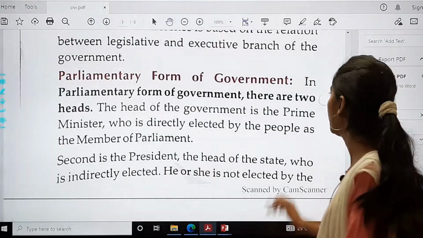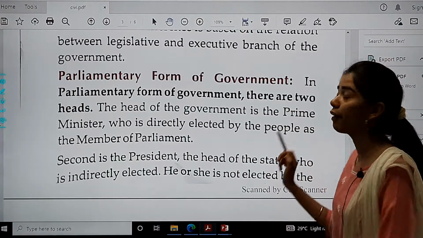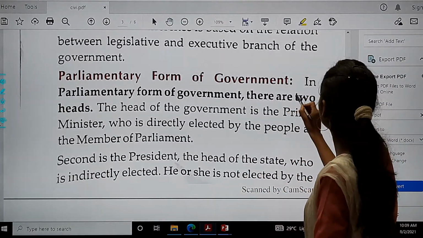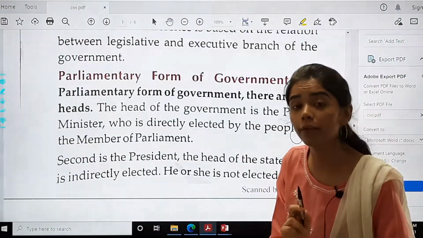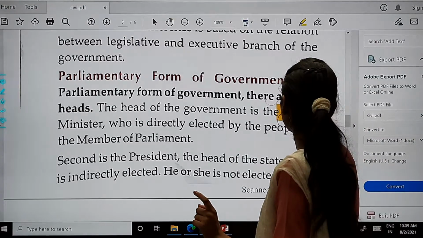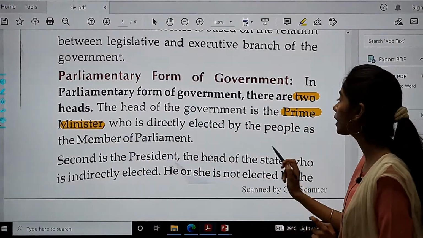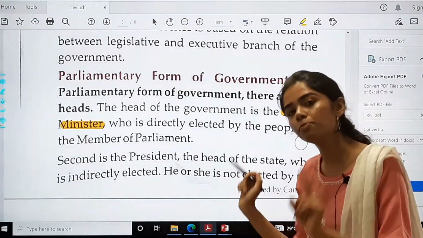Parliamentary form. In parliamentary form of government, there are two heads. How many heads? Two heads. Okay? The head of the government is the Prime Minister, who is directly elected by the people as the member of Parliament.